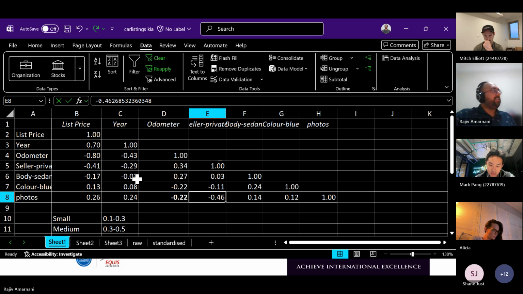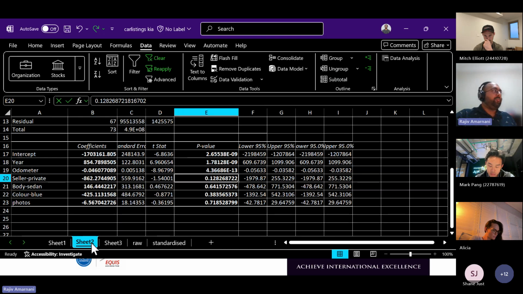So in doing this, what we get when we have the full model is that it partials out that overlap in the variance and asks what is the relatively pure contribution of seller type, holding constant the other predictors?